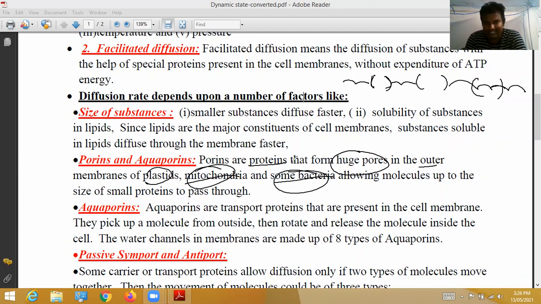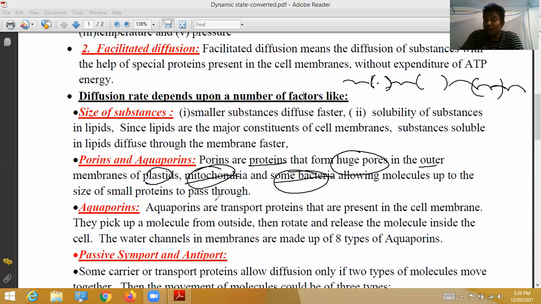Porins are proteins that form huge pores in the outer membrane of the plastids, mitochondria, and some bacteria. Those porins allow molecules up to the size of small proteins to pass through.